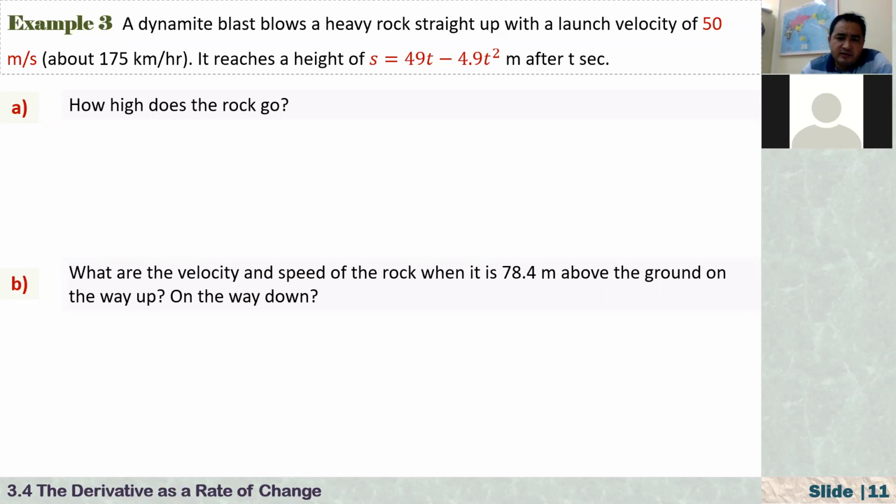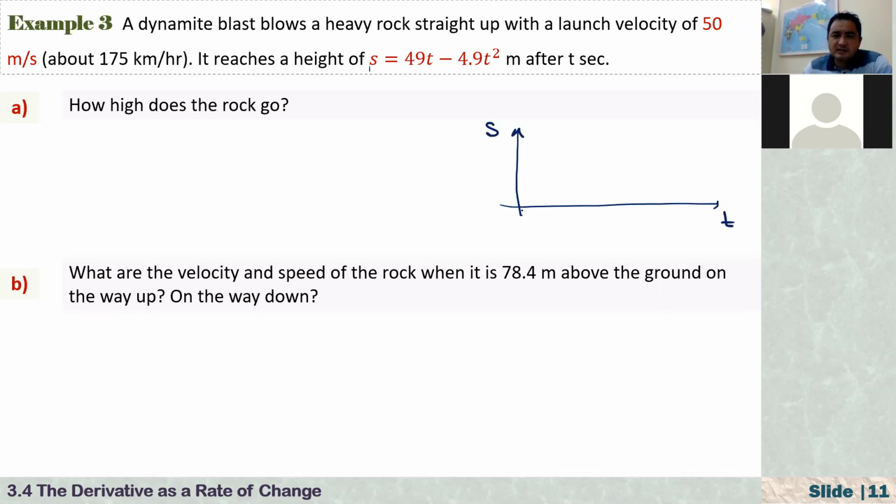As you see here, the function is a quadratic function. If you just draw its graph, it is a kind of parabola, with time on this axis and s on this one.